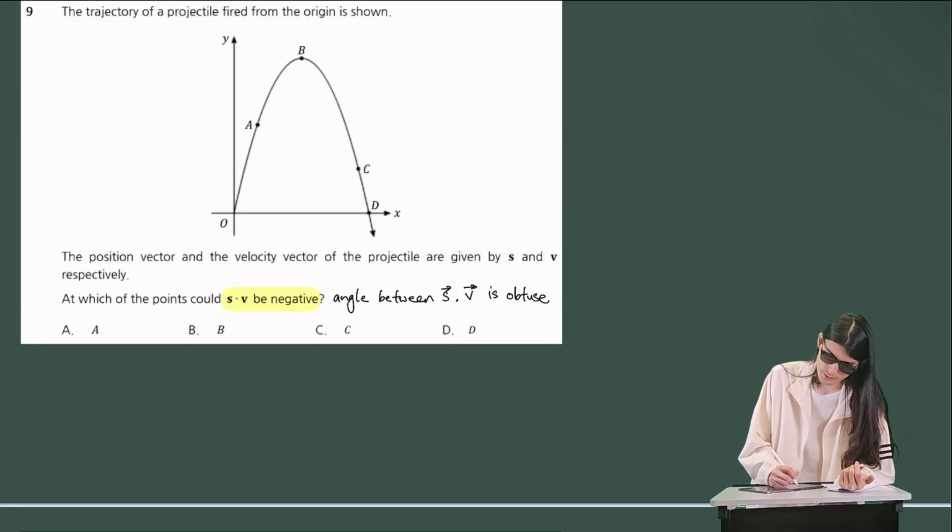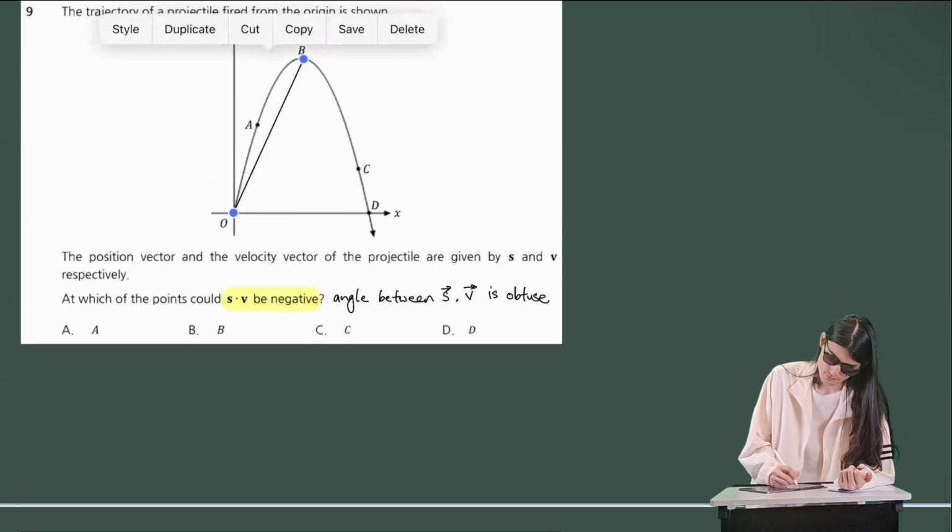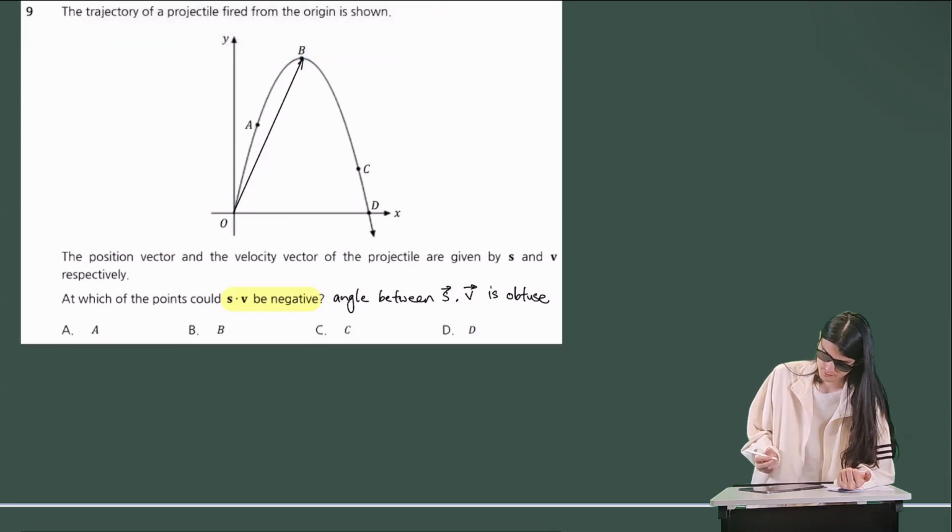So for example, if you look at B, this, which I've just drawn, that should be displacement vector S, and your velocity vector at point B is directed horizontally to the right.